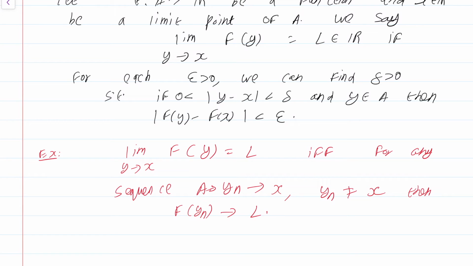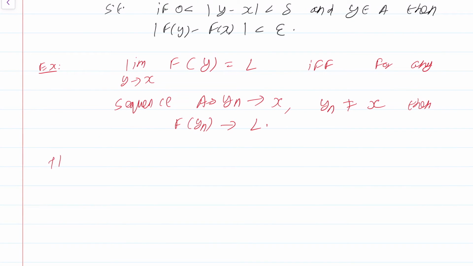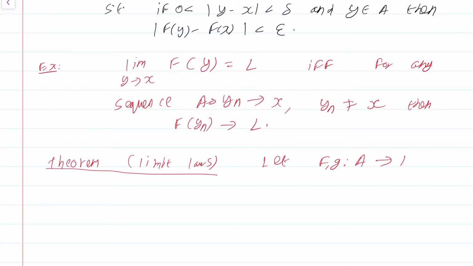Okay, now that this is done, we save a lot of effort in the next theorem on limit laws. Theorem, limit laws. Let f, g from A to R be functions and x in A be a limit point. Same setup except now we have two functions.